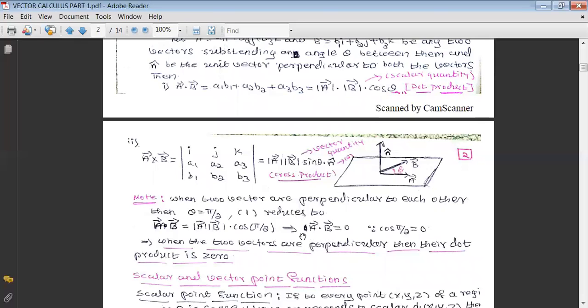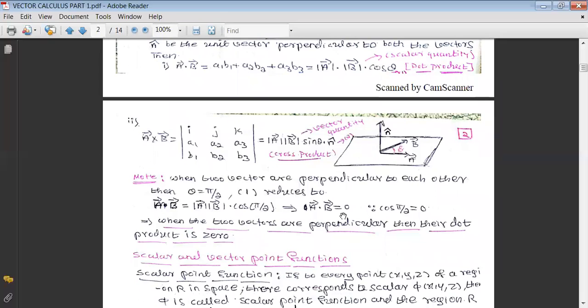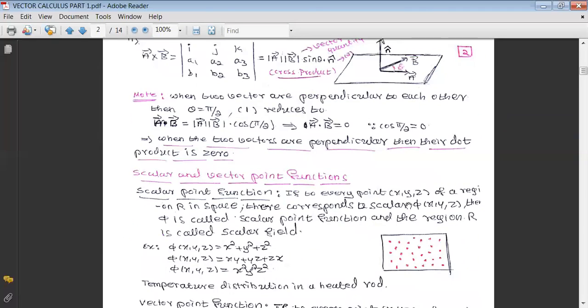So we find A bar dot B bar equals 0 because the cos of the angle pi by 2 is 0. From this we conclude one important thing: whenever the vectors are perpendicular to each other, their dot product reduces to 0.